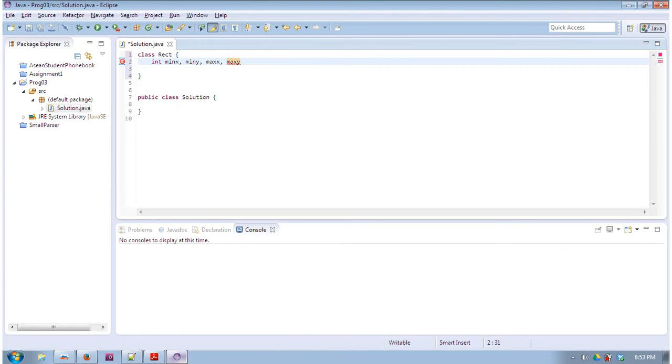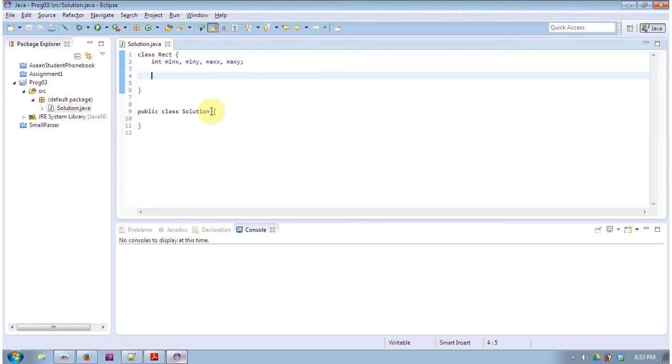Anyway, we introduce four variables: min x, min y, max x, and max y. Next, we define a constructor for rectangle wherein we take in four values: x1, y1, and x2, y2.